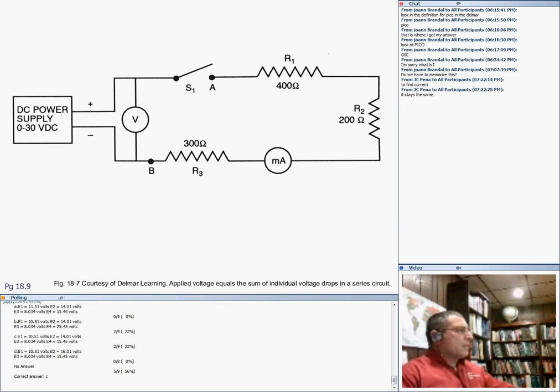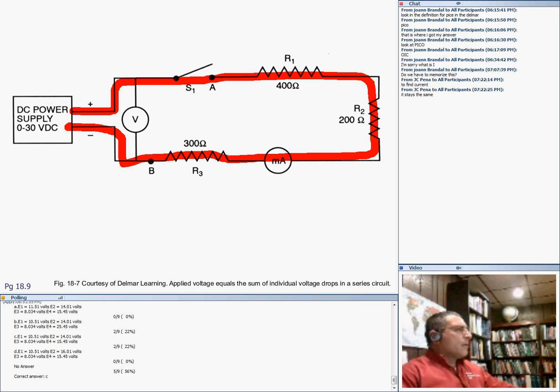Here's another circuit. I'm going to tell you that this circuit is a series circuit. You can see it's one path going all the way back to the source. And this branch is nothing but a meter. It doesn't have any load in it, just a meter.